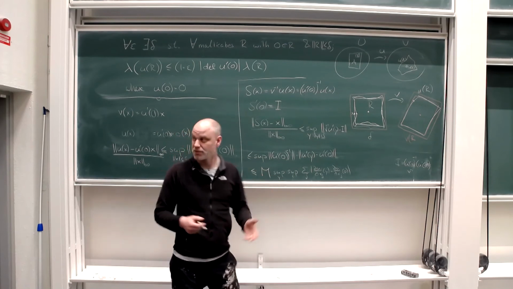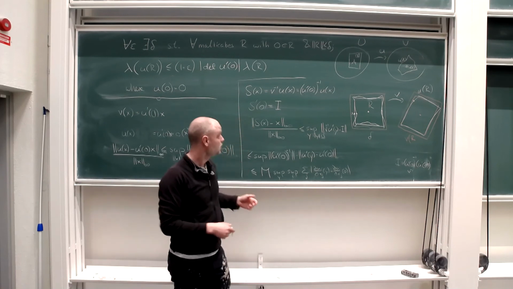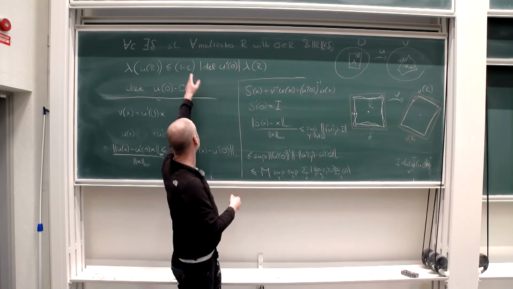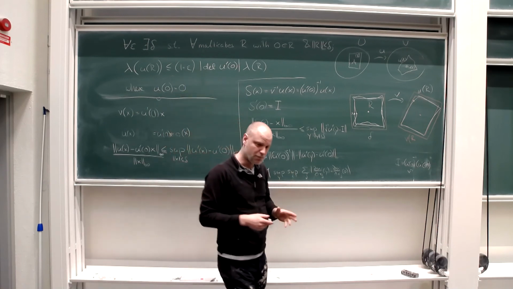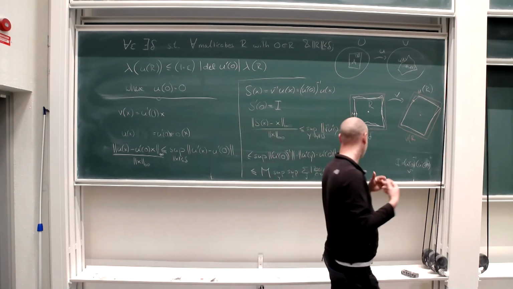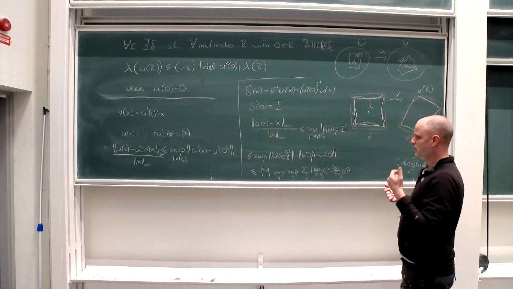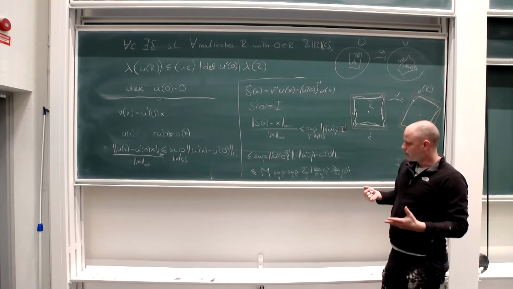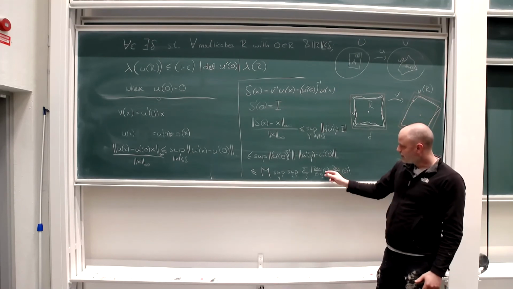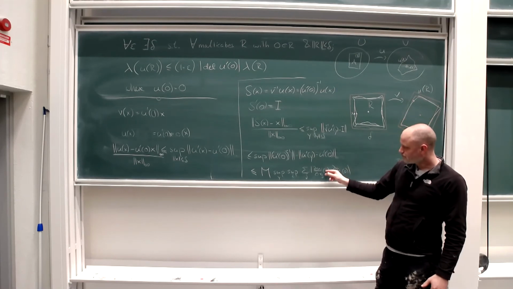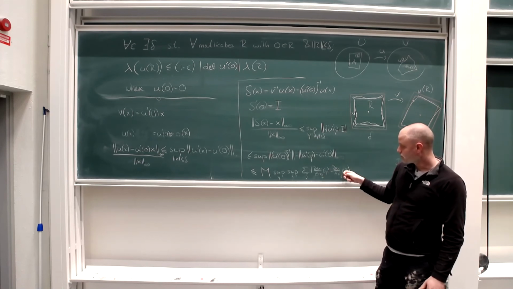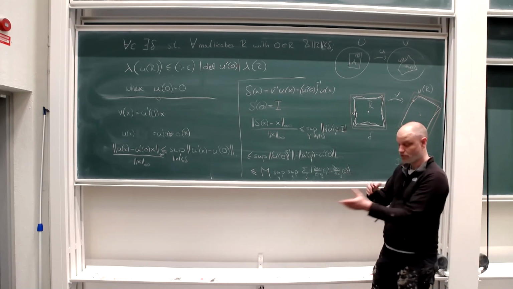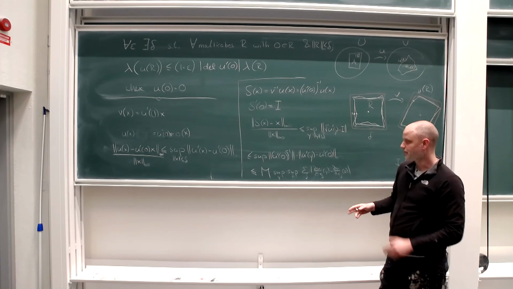usually we say epsilon, but epsilon is used over here, so now I say gamma instead. Given any gamma, I can pick a delta such that this is smaller than gamma for any y and x, as long as these two points are not further apart than delta.